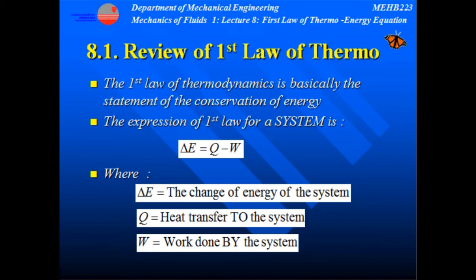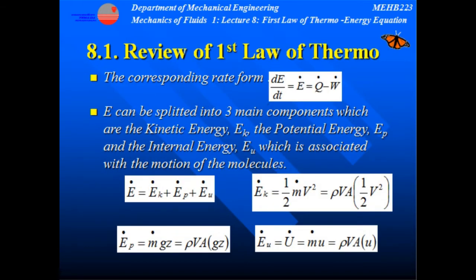So if you see here, the delta E is the change of energy of the system, and Q is the heat transfer to the system, and W is the work done by the system. So if you write these terms in rate form, you divide by time, you get rate of energy, rate of heat transfer, rate of work done.